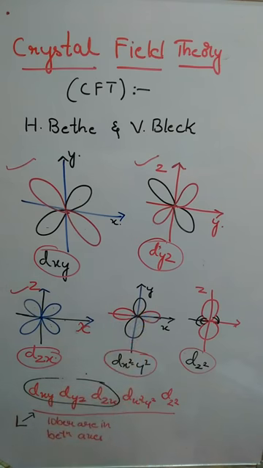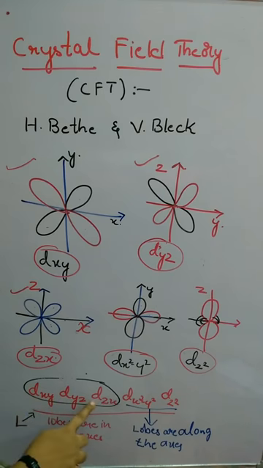So these orbitals, the lobes, are along the axis. This is the difference in d orbitals. We have 5 d orbitals: dxy, dyz, dzx, dx square minus y square and dz square.